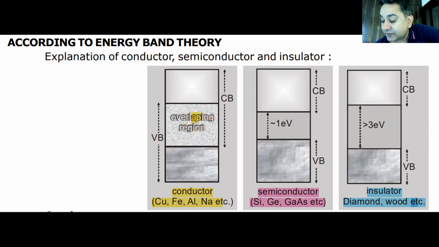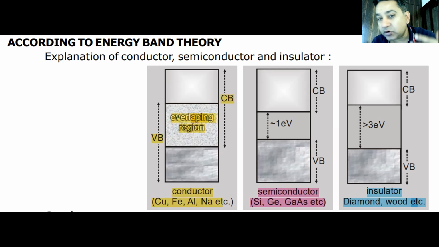In a conductor, you see that the valence band and the conduction band are overlapping each other. That means electrons can be present in the valence band as well as in the conduction band.